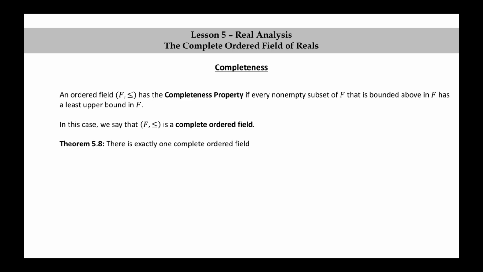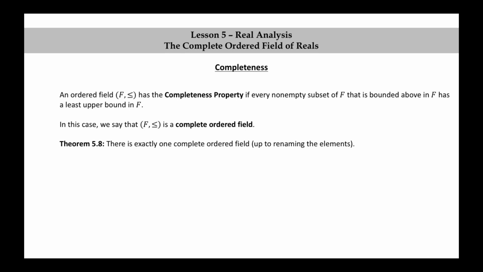Theorem: there is exactly one complete ordered field, up to renaming the elements. So there are lots of ways to describe the unique complete ordered field, but all of them are essentially the same thing.